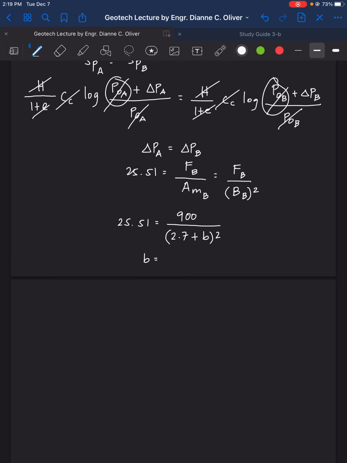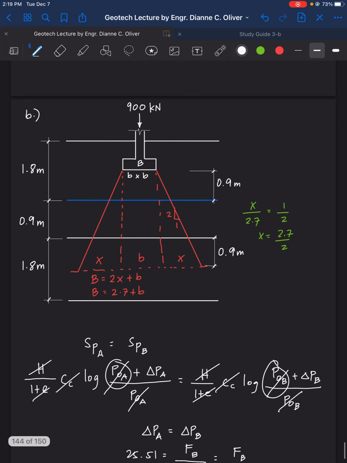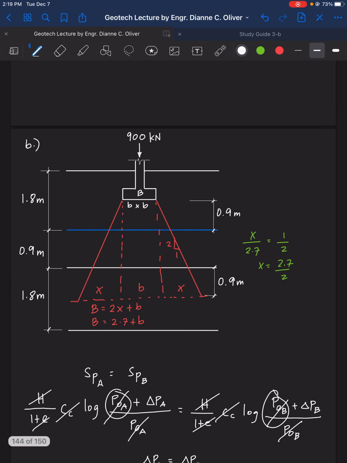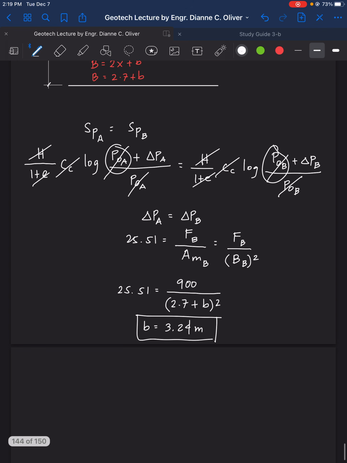So 3.24 meters. So the dimension for footing B should be 3.24 meters so that they have the same settlement with footing A. Okay, so that we can have a stable foundation.